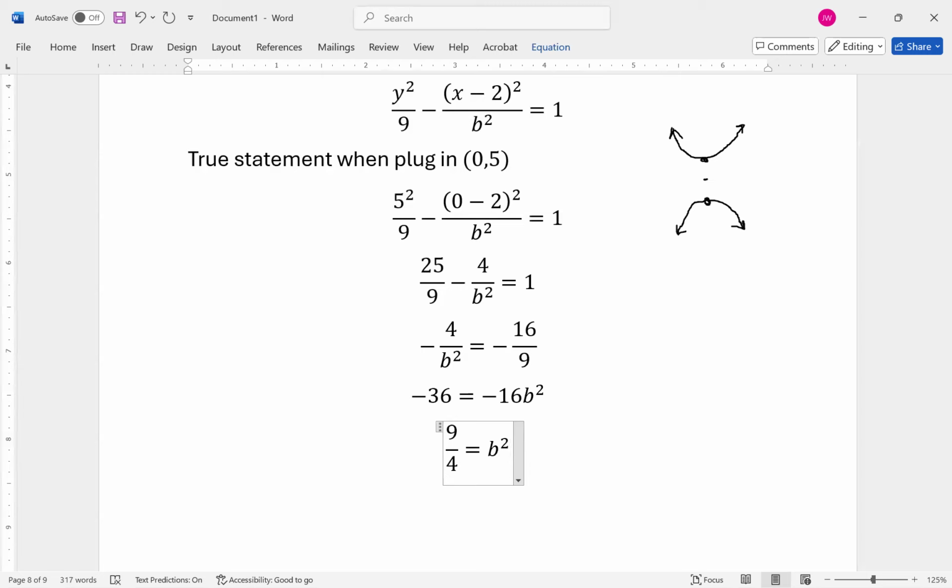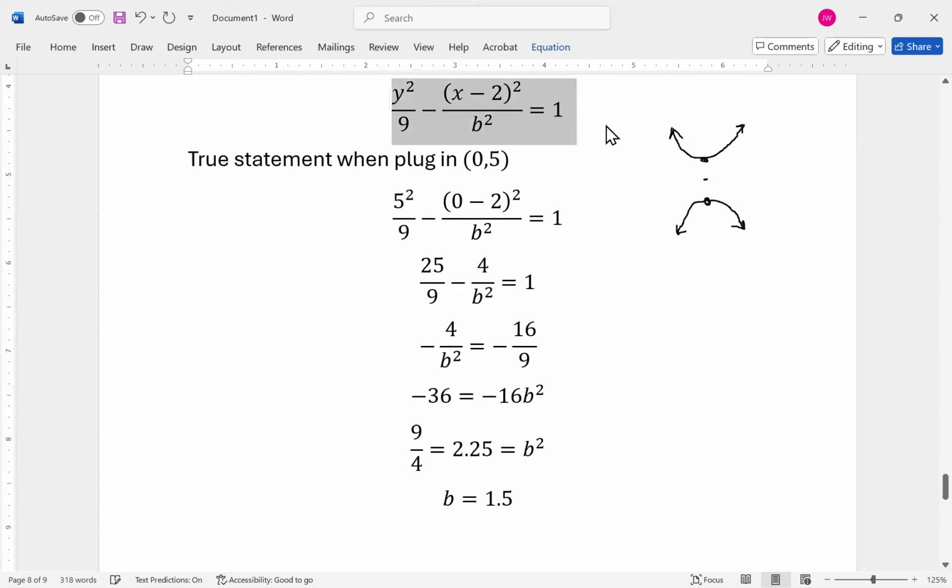So b is 3/2 or 1.5. By the way, you can also do this in decimals. 9/4 as a decimal is 2.25. Doesn't really matter. Decimal, fraction, however you want to use it.